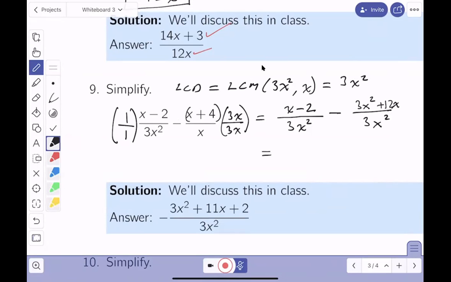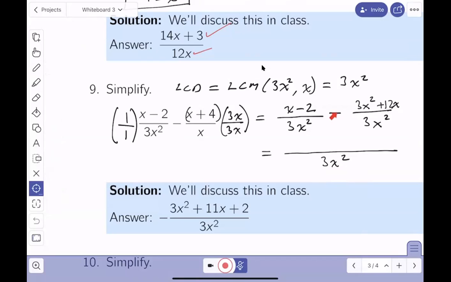All right, this is where a lot of students are going to mess up. And I want to make sure you understand what we're talking about over here. We need to combine like terms. But the reason students mess up is they don't realize this subtraction symbol says subtract everything on top. So if you did that, you would get minus 3x squared minus 12x.